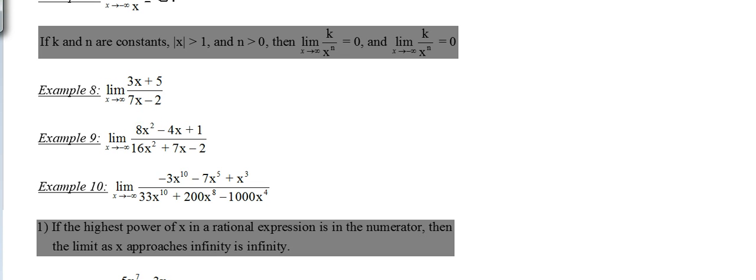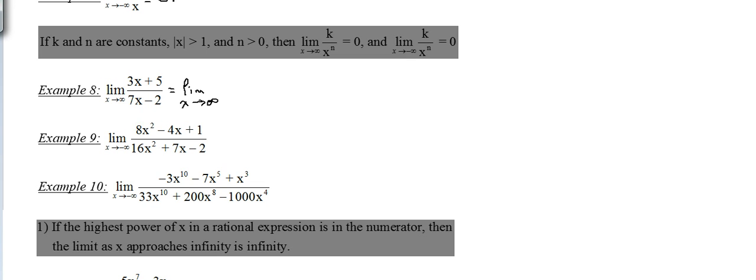Let's find example 8. Limit of 3x plus 5 over 7x minus 2 as x tends to infinity. Always as x tends to infinity, we can take only the coefficient of the highest power of x in the numerator over the coefficient of the highest power of x in the denominator.